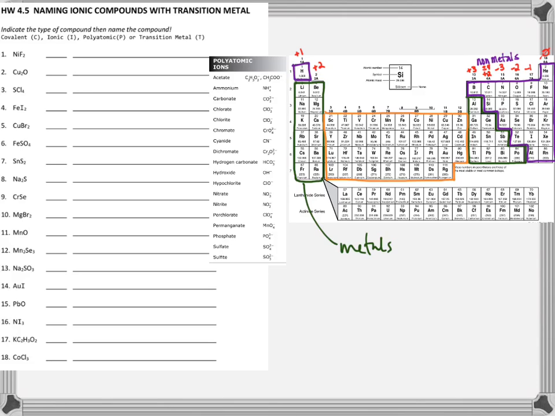Okay. All right, so if I've done that, because you need to know that information for your transition metals. Okay. And again, my transition metals, I forgot to label them. I'm going to label them. My transition metals are going to be here in the middle. And these are different because these transition metals have more than one oxidation state.